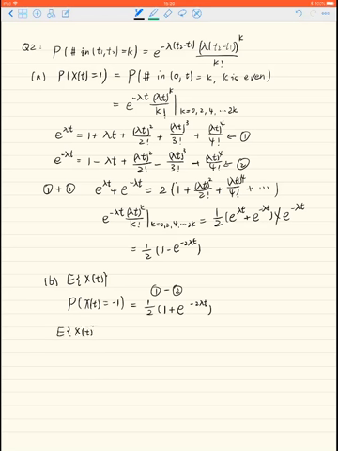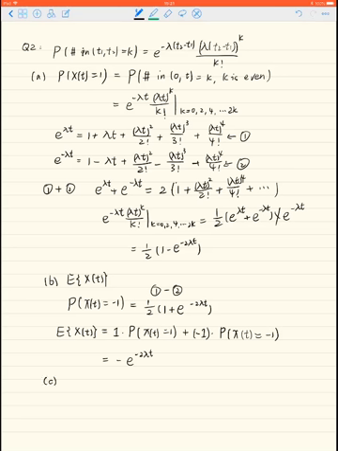And now the expectation of X(t) simply becomes 1 times the probability of X(t) equals 1 plus minus 1 times the probability of X(t) equals minus 1. And now we got the answer, that should be minus e to the power of minus 2 lambda t. And that's the answer of the expectation of X(t).